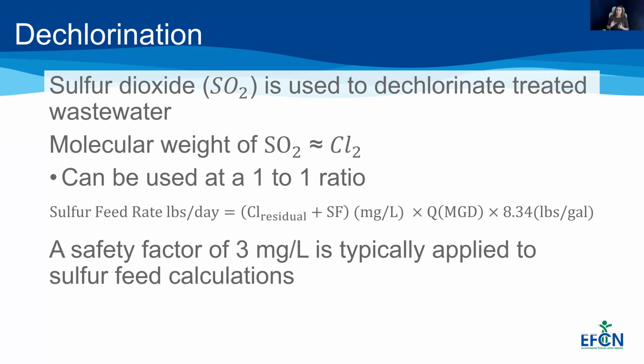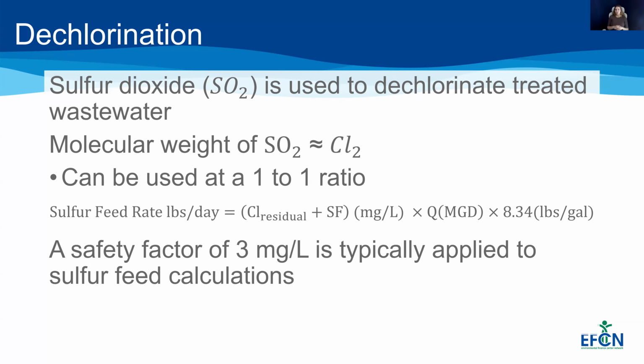Sulfur dioxide is used because it has a similar molecular weight to chlorine, so it can be used almost at a 1-to-1 ratio. Typically, the way sulfur dioxide is applied to chlorine in wastewater is that you take the amount of residual that you typically have and you add a safety factor. A safety factor of 3 milligrams per liter is a typically used safety factor.